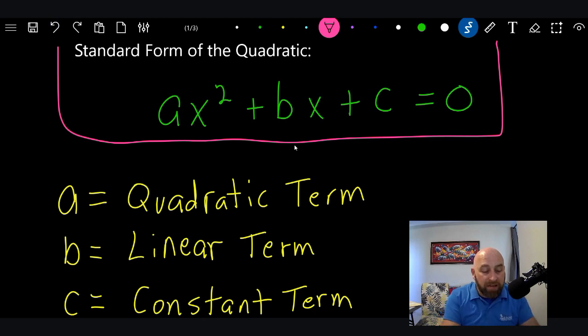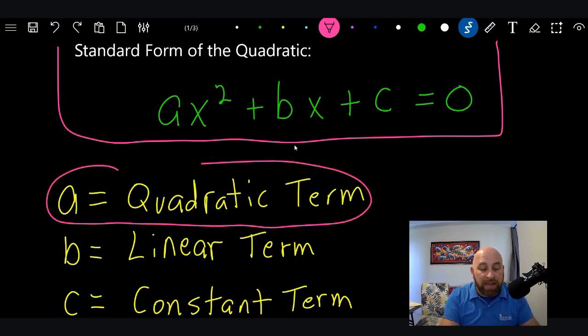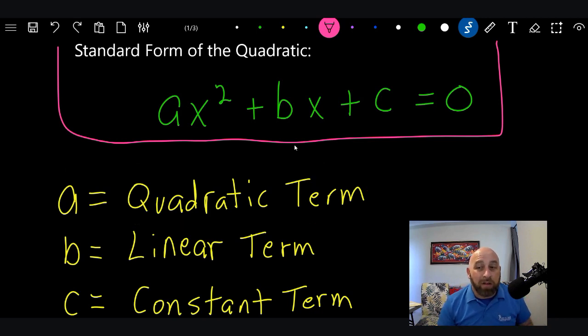So the a, if you look down here, the a is the quadratic term. What does that mean? Well, quadratic is a Latin-based term. It means basically squared. That's the easiest way for me to explain it to you. So the squared term is the quadratic term.